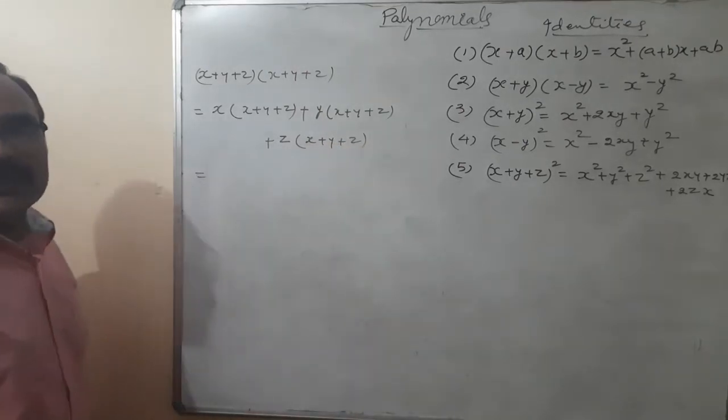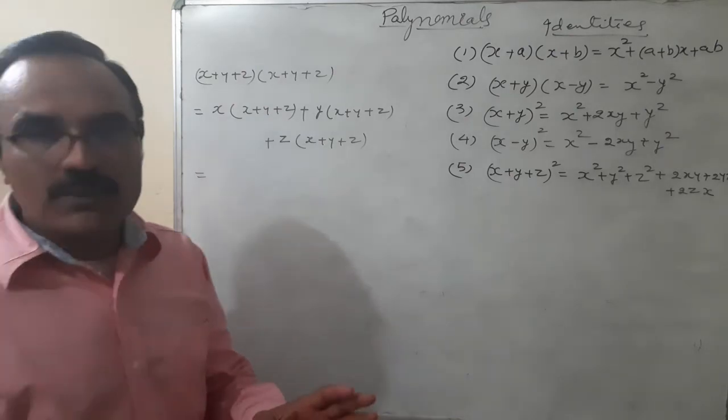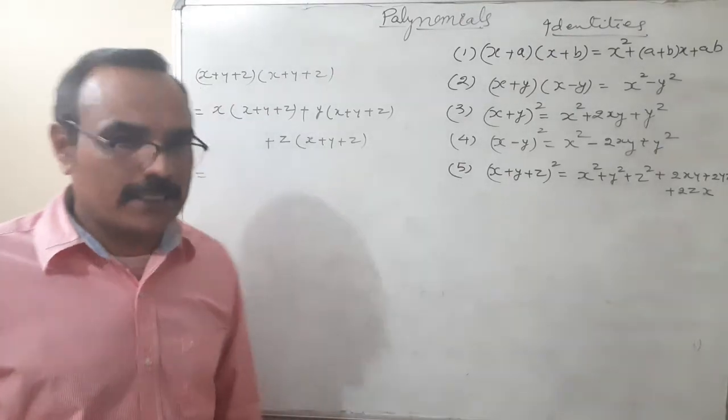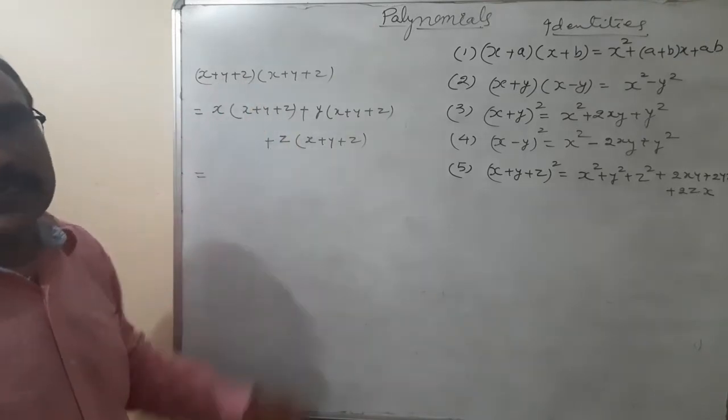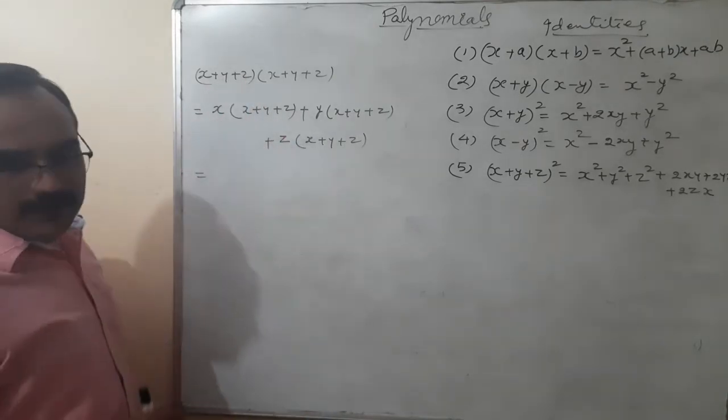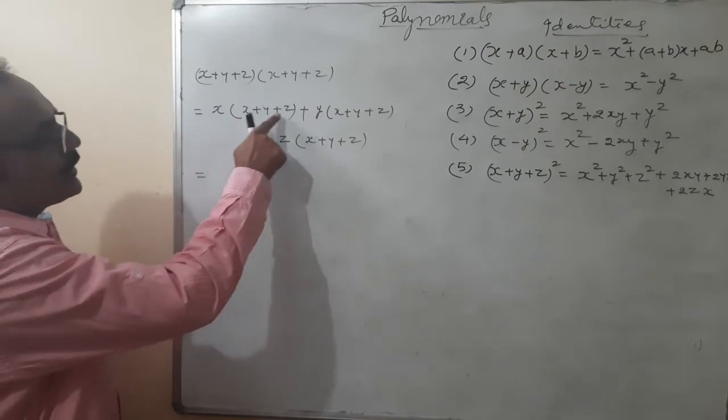This is the rule when we multiply 2 brackets. So all the terms of the first bracket are to be multiplied to the second bracket one by one. First I have taken x, second y and third is z. For opening this bracket, the rule is that x is multiplied to all the terms.